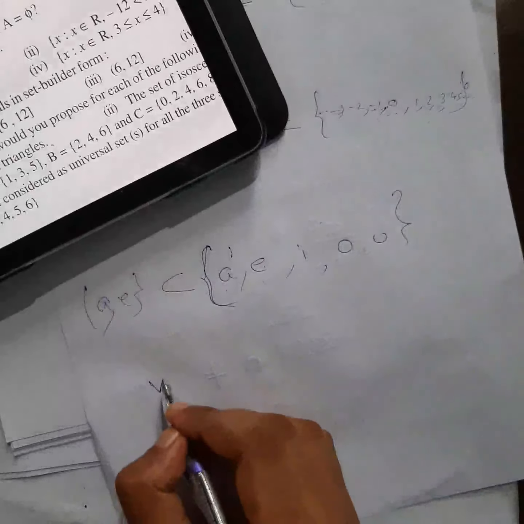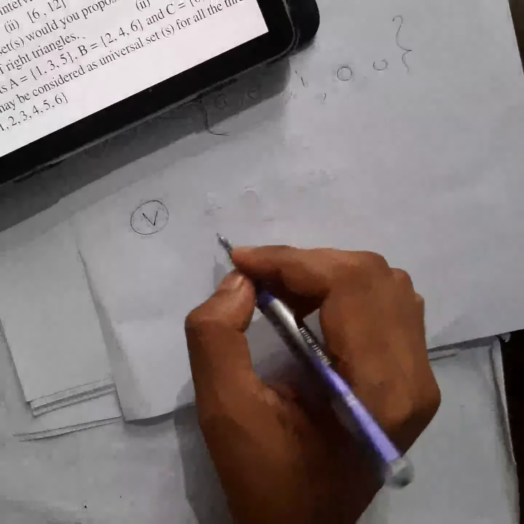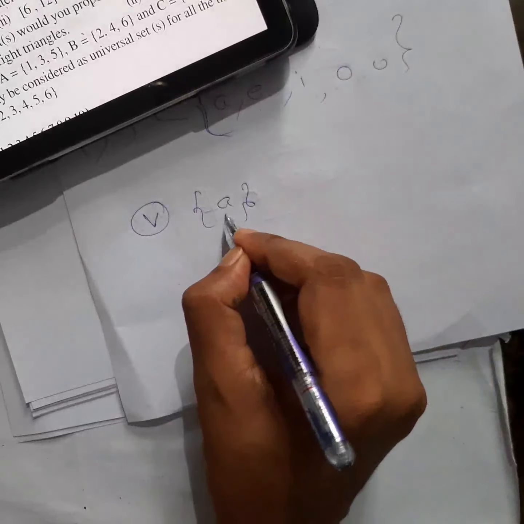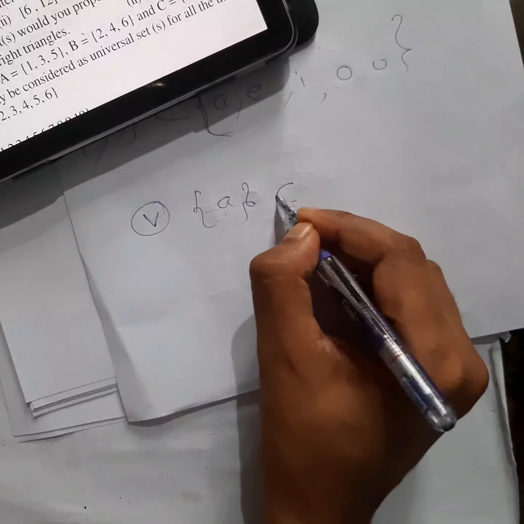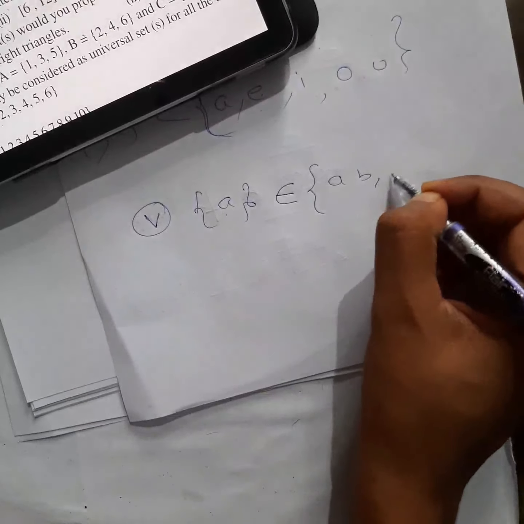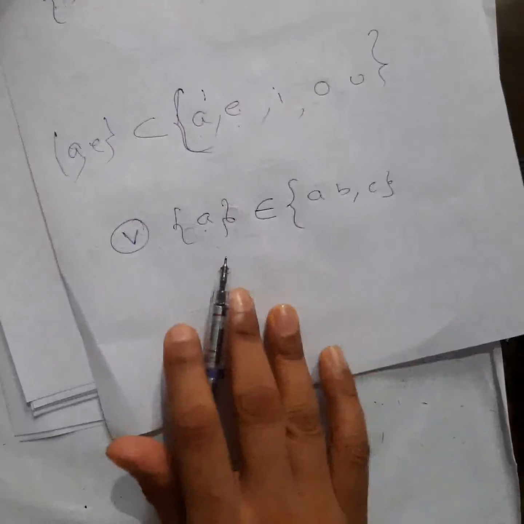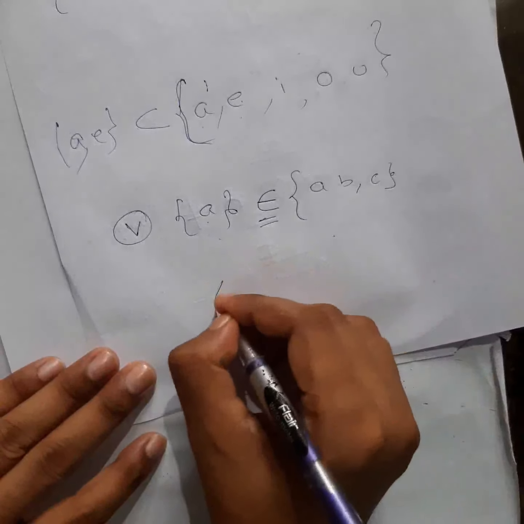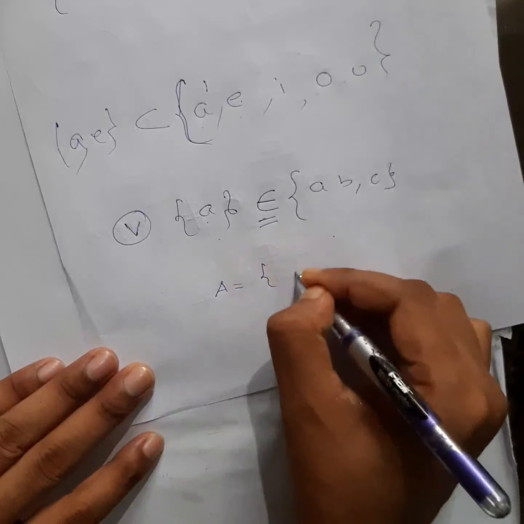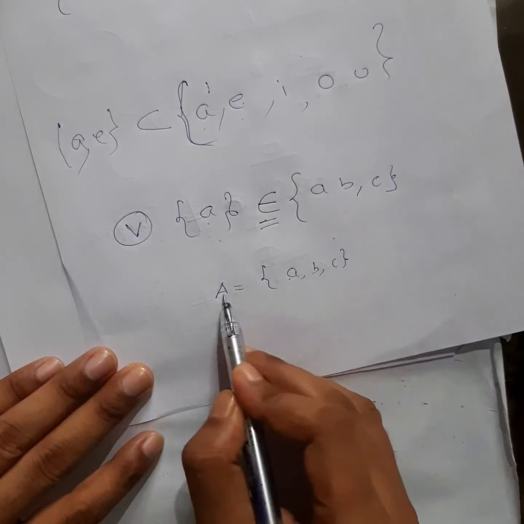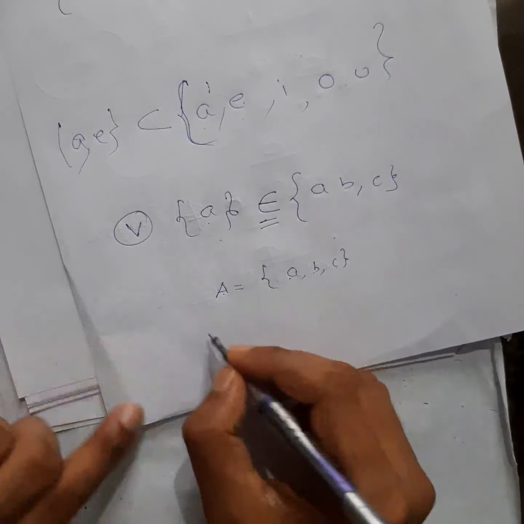Number 5. What is given? Set A, see this symbol carefully, belongs to A, B, C. Now, is this a correct statement? Now, what does this symbol represent? Remember, I told you, if your set has elements, suppose A, B, C, then how did we write? All these are elements of this set, right? So how did we write?